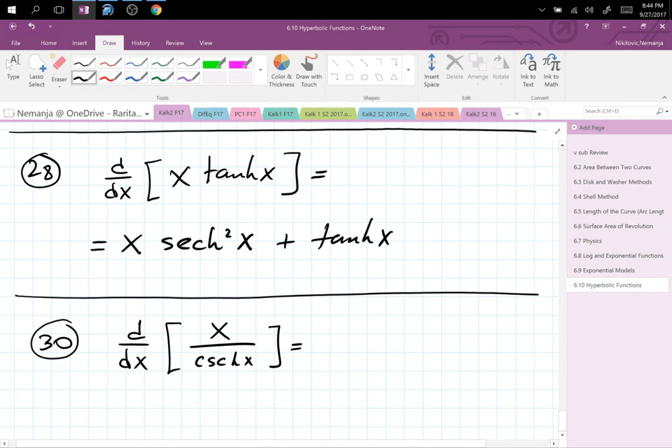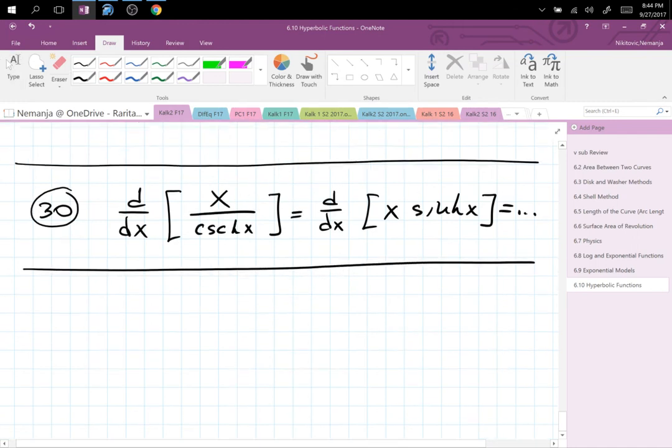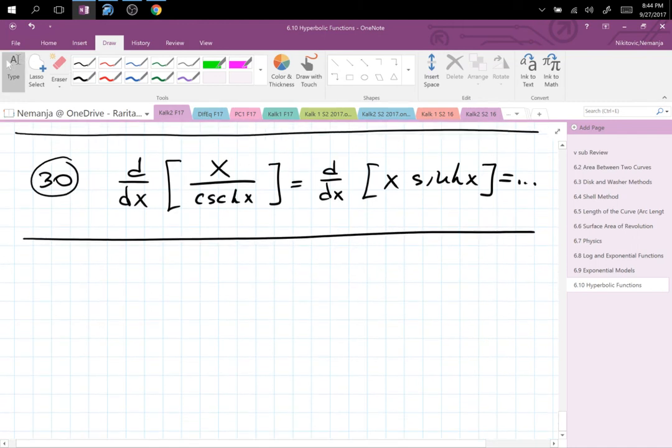So how's your quotient rule? Yeah, exactly. You don't need to know it anymore. Change it into a product. Exactly. Cosecant hyperbolic is going to be sine hyperbolic on top, right? All right. You can always cheat on those.